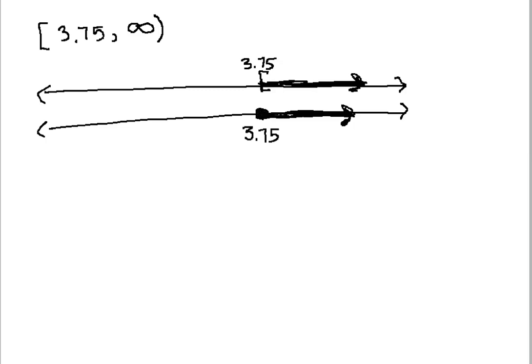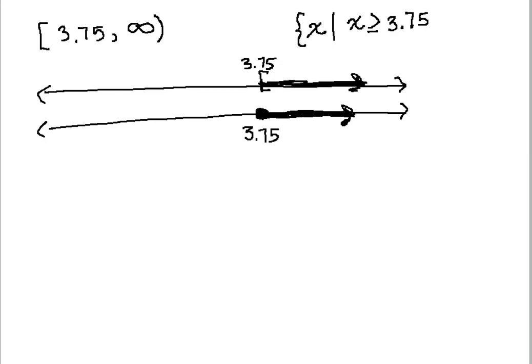Because that's telling us that we are including that value. So this is how we would write it graphically. If we were writing it with set builder notation, here's my x such that x is greater than or equal to 3.75.